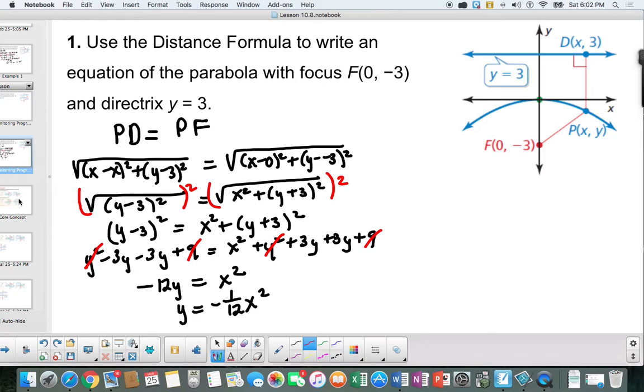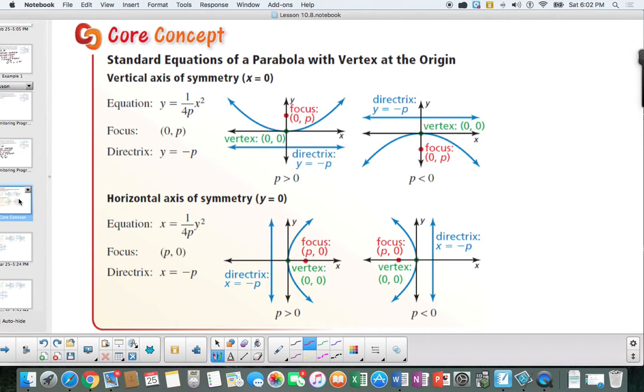Okay, the next slide tells us a formula that we can use using this relationship between a focus and a directrix. Okay, so this distance between the vertex and the focus is called P. So this is called a P distance, and on the other side of the parabola will be the directrix.